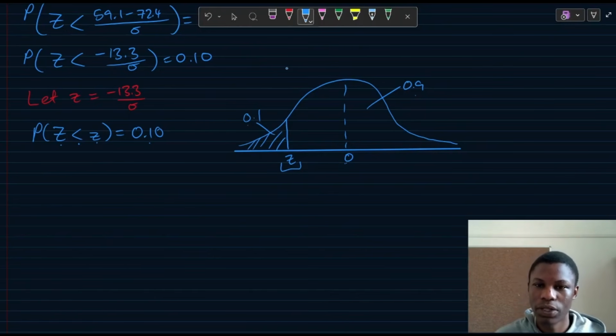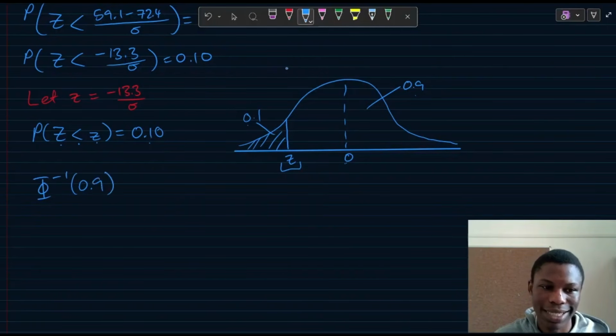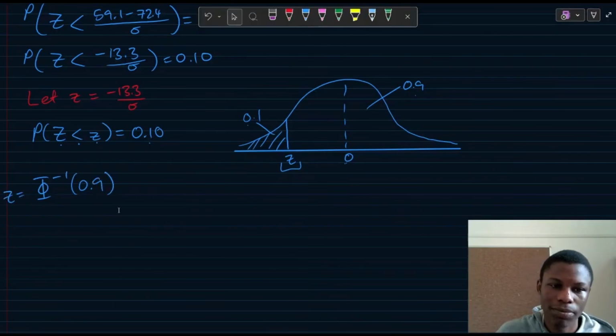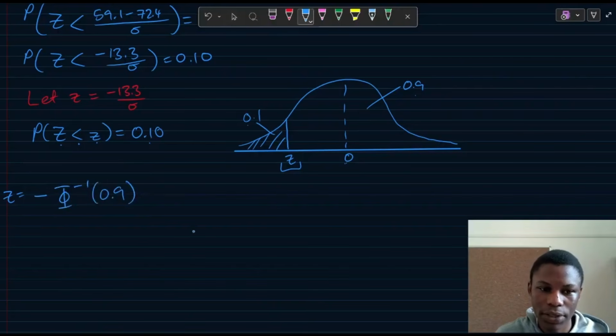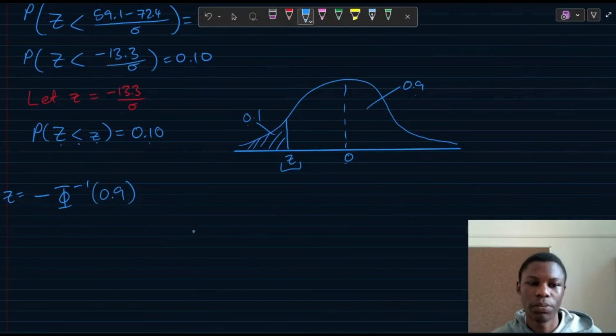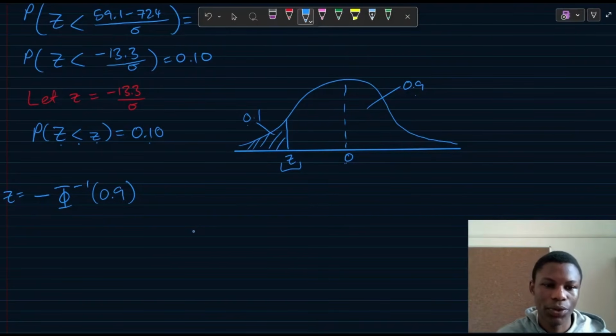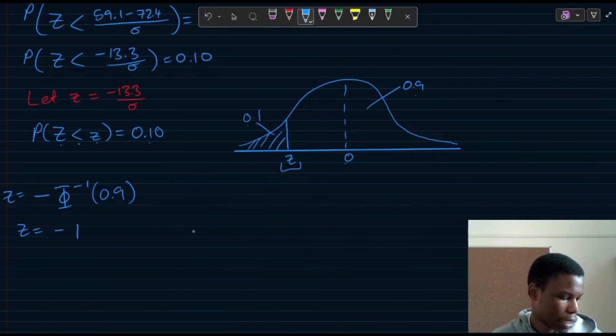So instead of looking for 0.1, I'll go to my tables and do argphi, which just means I'm reading my tables in reverse. So z is equal to argphi of that. But we've already concluded from our diagram that z has to be negative, so it has to be negative argphi of 0.9. If you do argphi of 0.9, you're going to get 1.282.